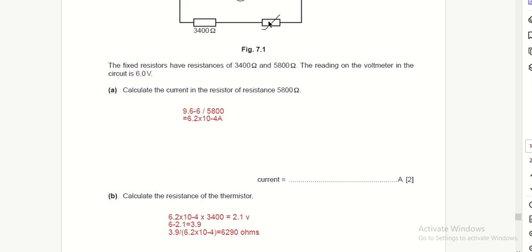So we have the voltage across this thermistor and the current, which is again the same across the three resistors, so we can easily get the resistance of the thermistor.